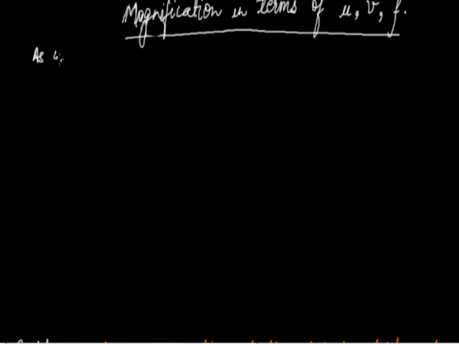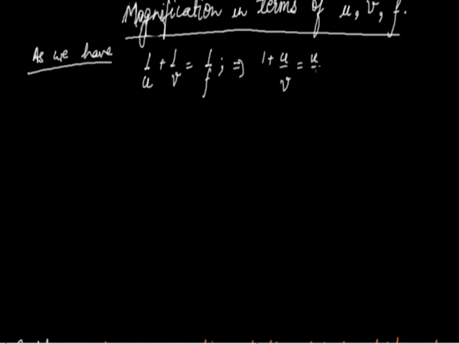As we have the mirror formula which says 1 by U plus 1 by V is equal to 1 by F, if we multiply both sides by U, then we get the relationship as 1 plus U upon V is equal to U upon F. And again, if we rearrange this equation, then we find U by V is equal to U by F minus 1.